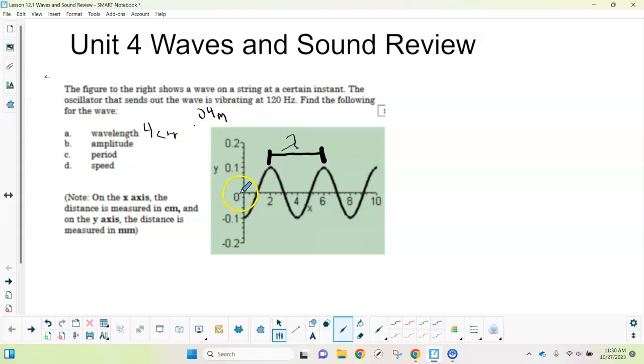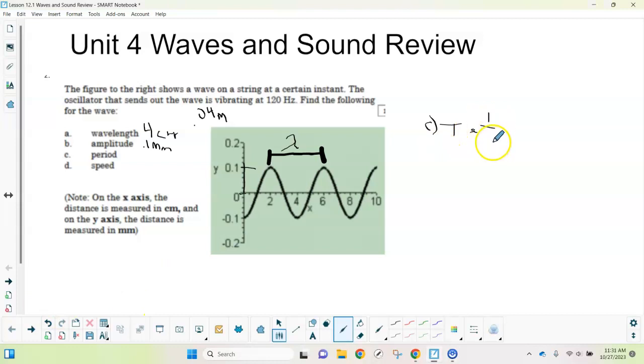The amplitude, you're just measuring from the equilibrium position up to the top of the wave. It looks like it's going up to about 0.1, so this would be 0.1 millimeters, a pretty small wave for that one. For C, you calculate the period of oscillation. The period is the inverse of the frequency, so T equals 1 over f.